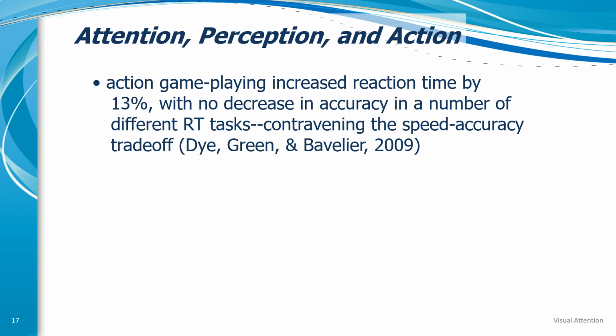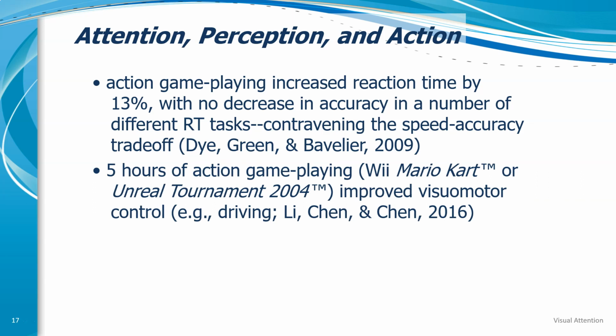But no, it increased reaction time, but didn't increase accuracy. It's almost like magic. In this study, playing Wii Mario Kart or Unreal Tournament improved visuomotor control. In other words, it improved driving. What? Playing Mario Kart can improve your driving? Yeah, just watch out for those bananas.